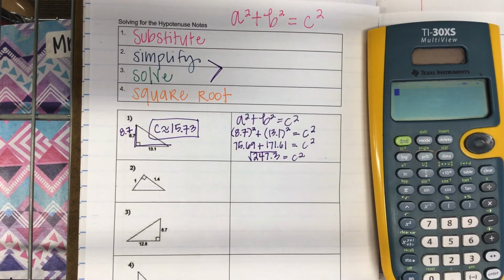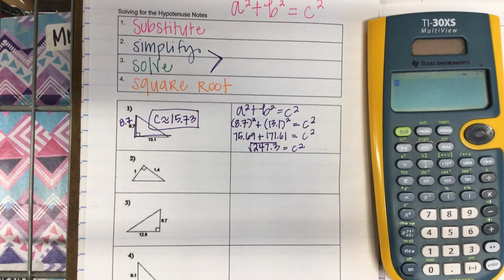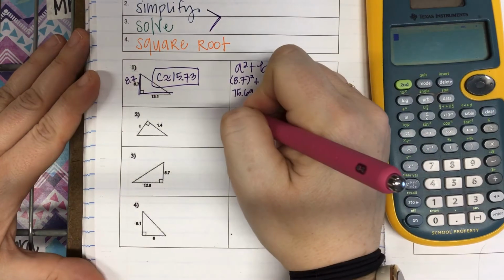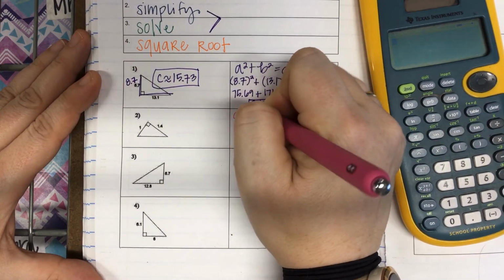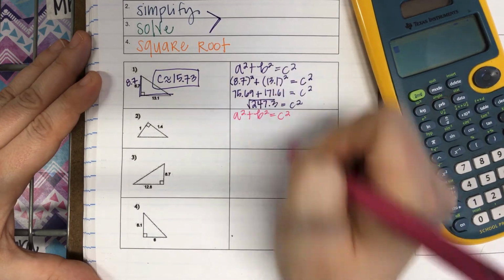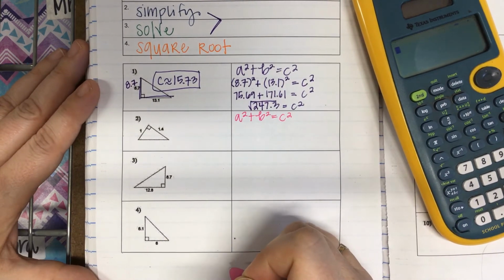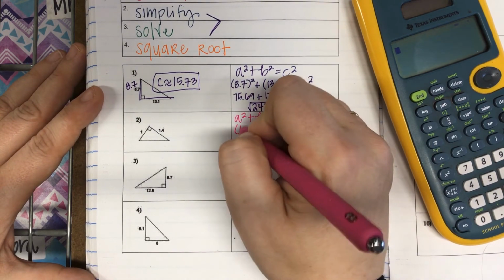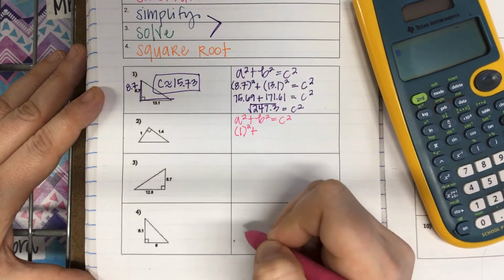Let's try the next one. We can find the missing side length. Pythagorean theorem is a squared plus b squared equals c squared. Substitute. What's my a value? 1. Plus, what's my b value?